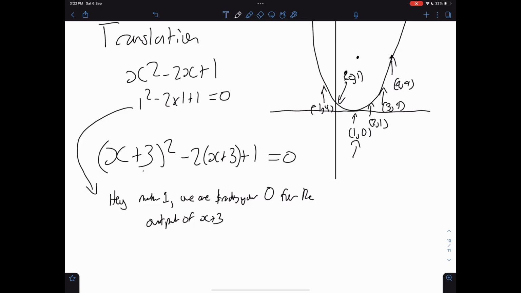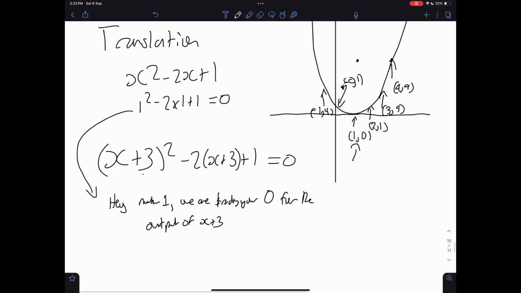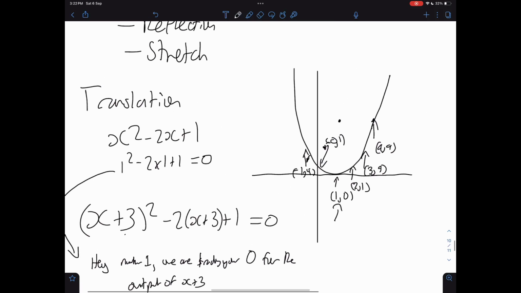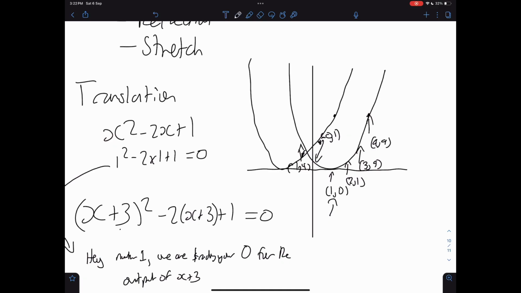So they'll give them the 4. And then that'll just keep on going. Hey, minus 1, we're going to give you what 2 has. Which is 1. And notice that when we keep doing this, we have just shifted everything 3 to the left.